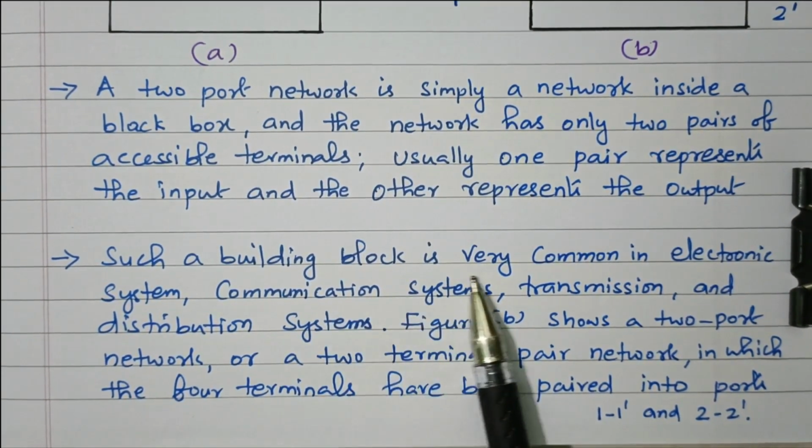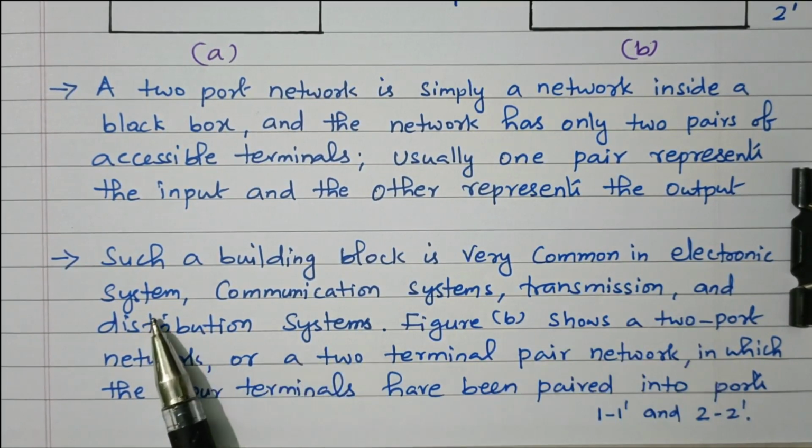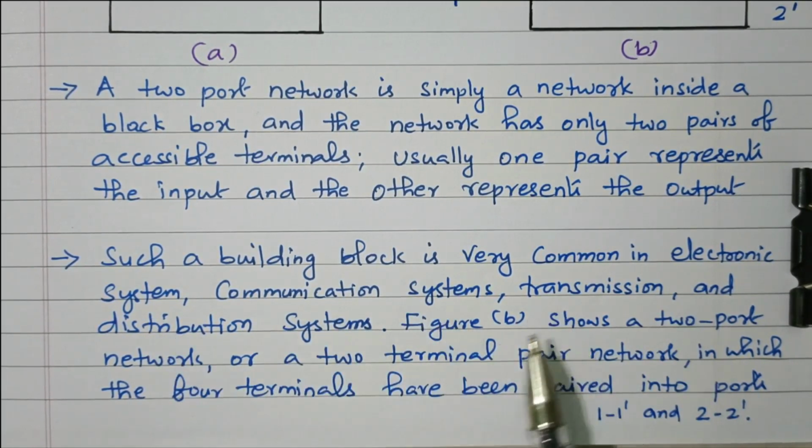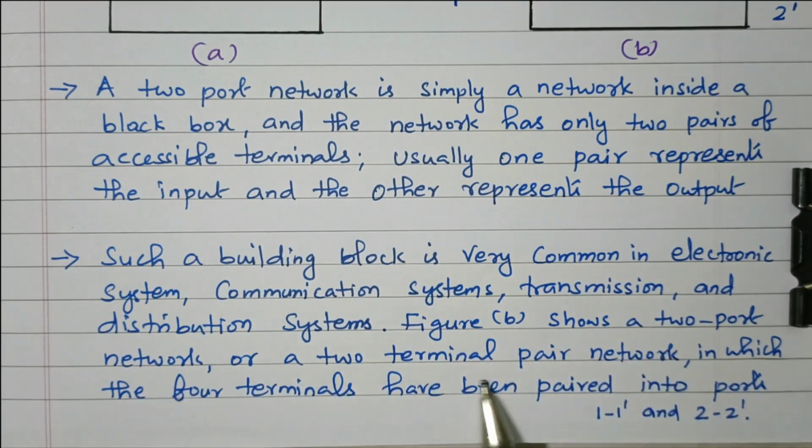Such a building block is very common in electronics systems, communication systems, and transmission and distribution systems. Figure B shows the two-port network, or a two-terminal pair network, in which the four terminals are paired into ports 1 dash and 2 dash.